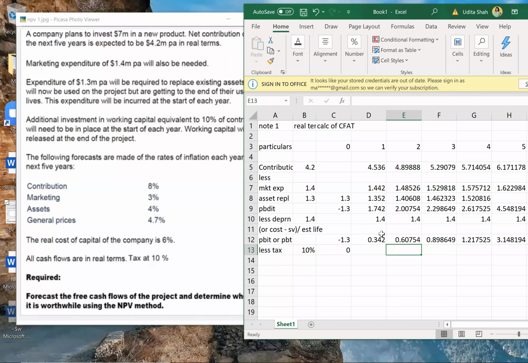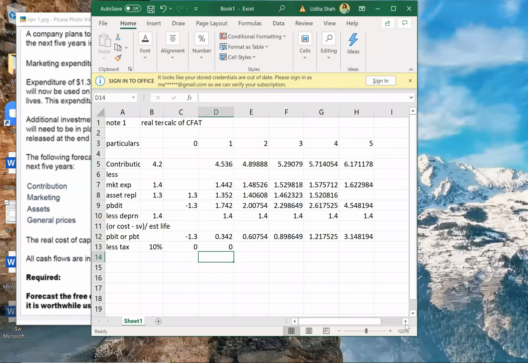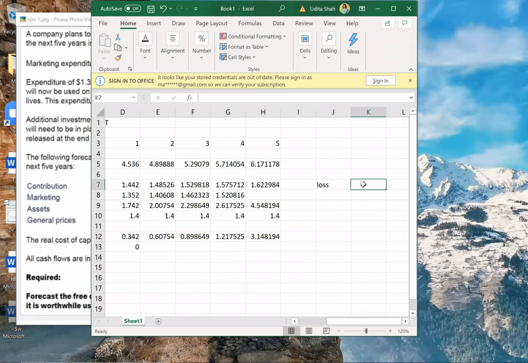So this entire 0.342 will go over here, so tax will be 0. I'll make a working note for taxation. Loss was 1.3 million.